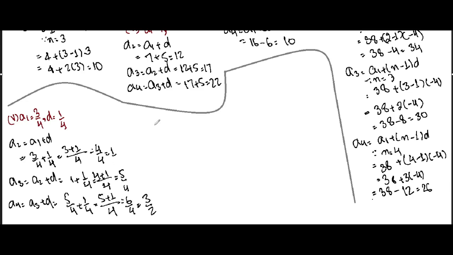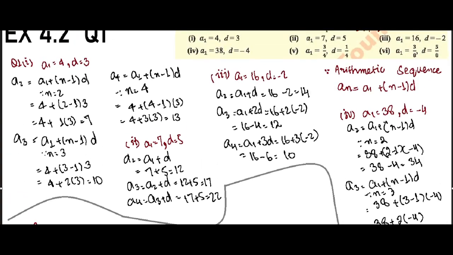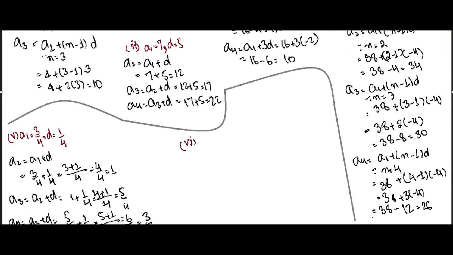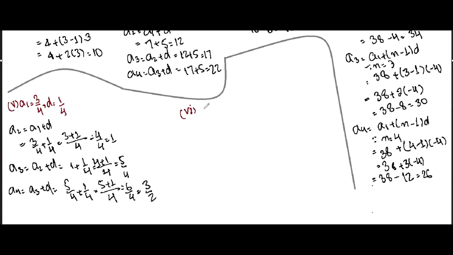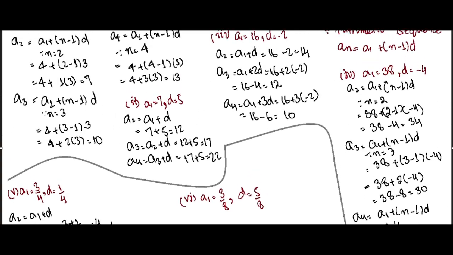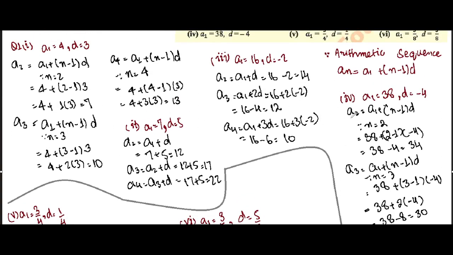Now we are going to do the sixth part, which is the last part of this question. Sixth part is A1 equals 3 by 8 and D equals 5 by 8. And we are going to use this method over here.